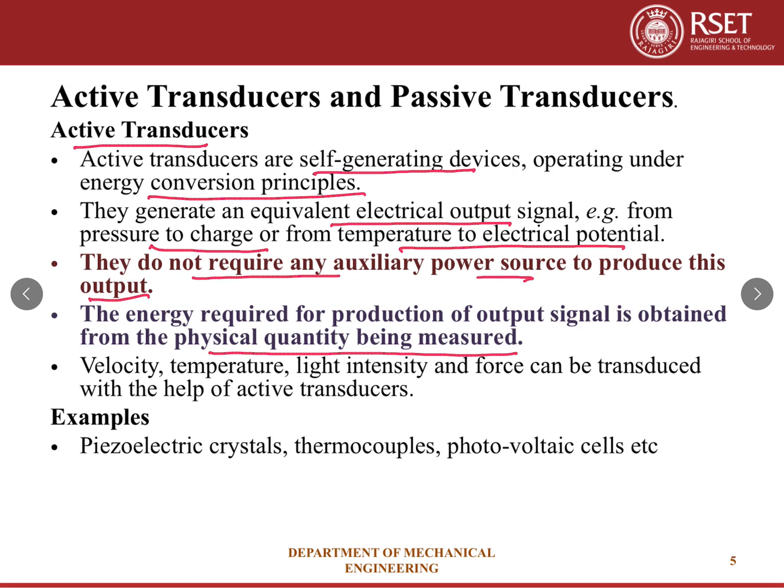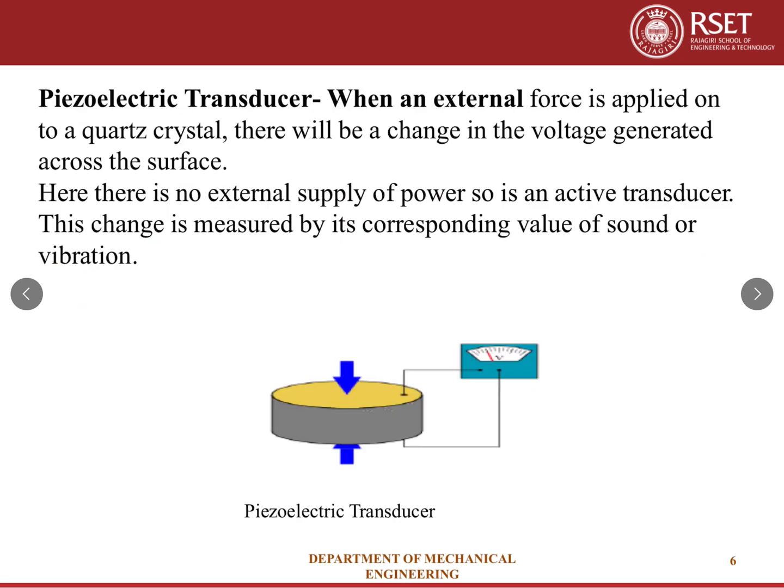So the applied pressure will be the physical quantity for a piezoelectric crystal, which generates energy for the output from this input. Measurement of velocity, temperature, light intensity and force can be transduced with the help of active transducers. Examples: piezoelectric crystal, thermocouple, photovoltaic cell.